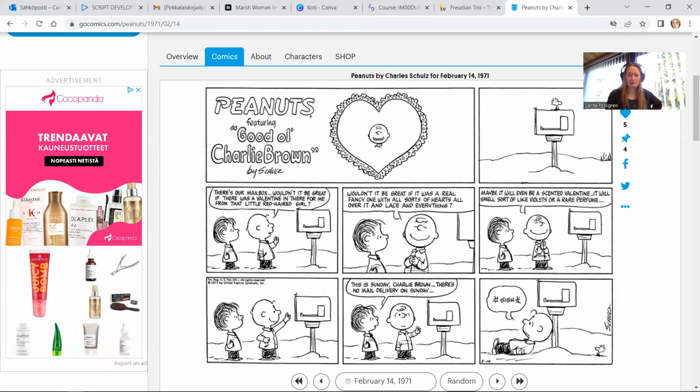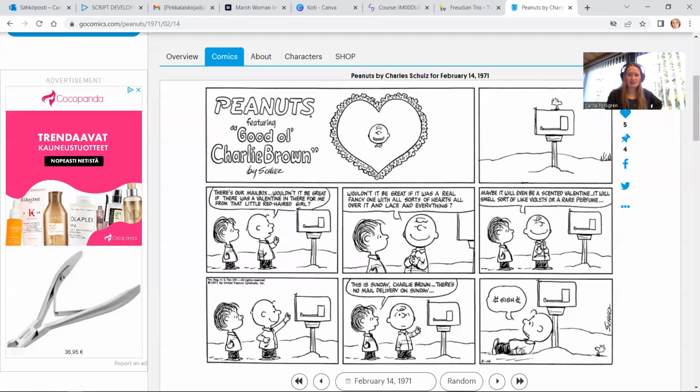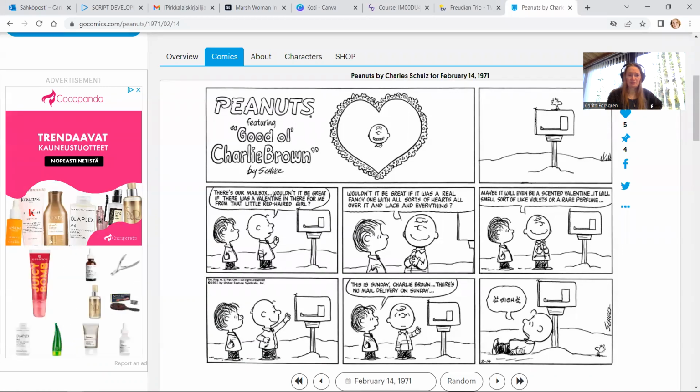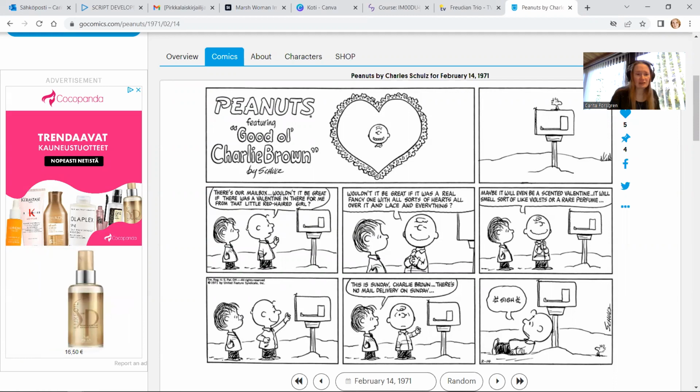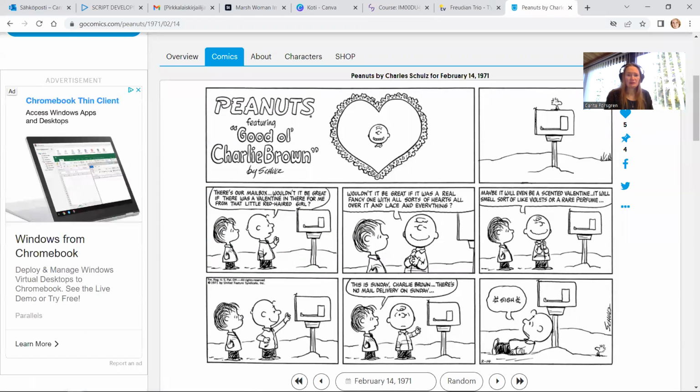Okay, so Charlie Brown is dreaming of a Valentine's card from the little red-haired girl that he's in love with, and he wants to open the mailbox to see if there is one from her. And Linus, who's the realist, says, okay, this is Sunday, Charlie Brown, and there's no mail delivery on Sunday. And then we have the typical image of despair at the end.